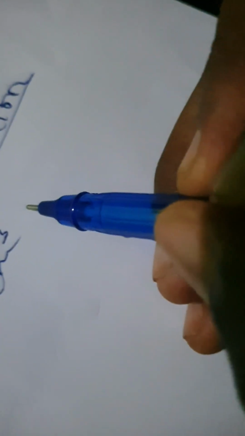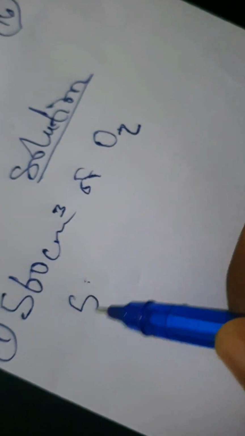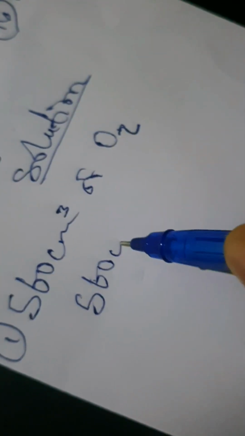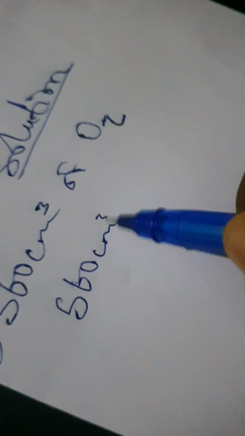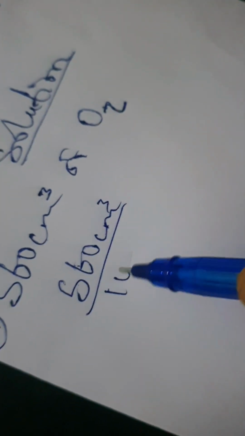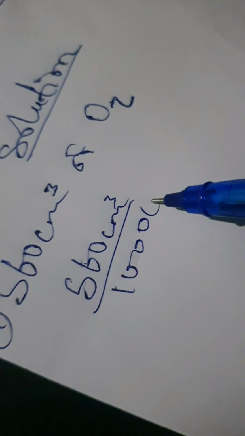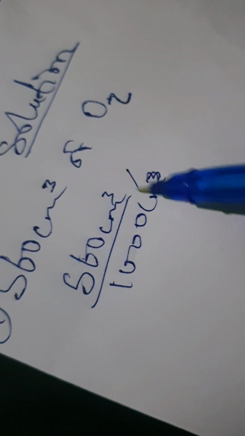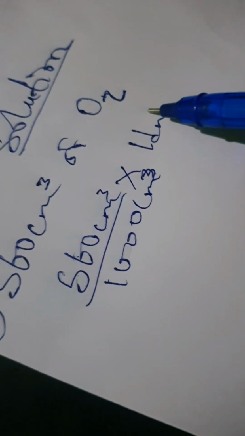So let's take the first one: 560 cm cube of oxygen, O2. We're not going to use it directly like this; we're going to convert it to dm cube. So we say 560 cm cube divided by 1000 cm cube times 1 dm cube.